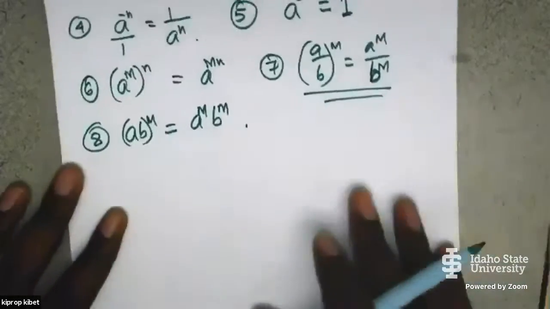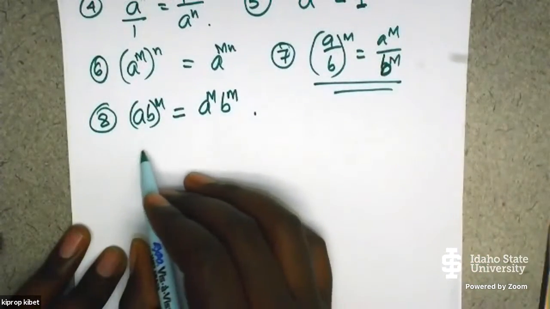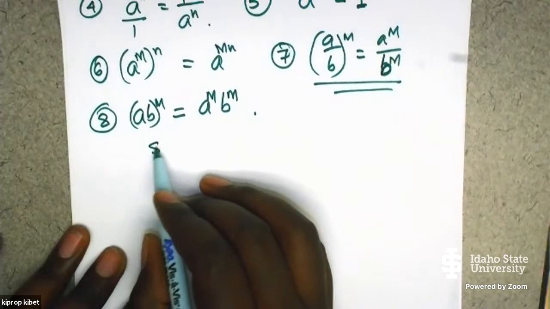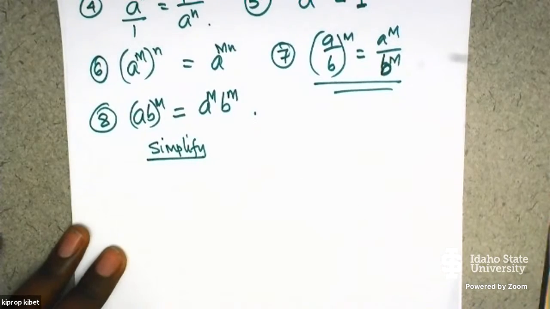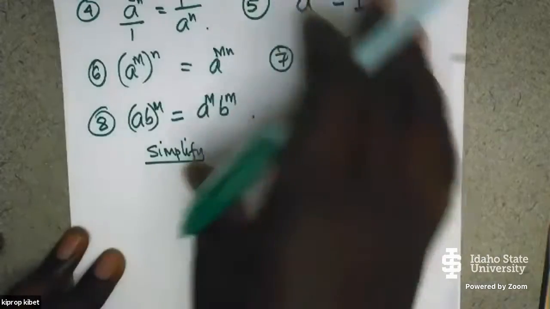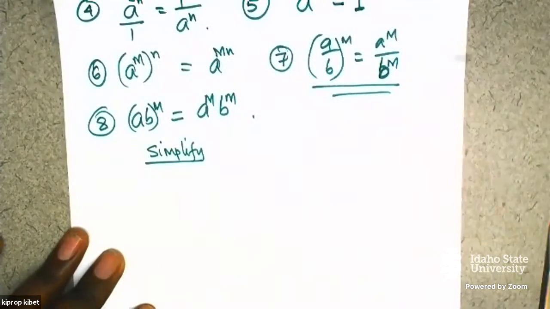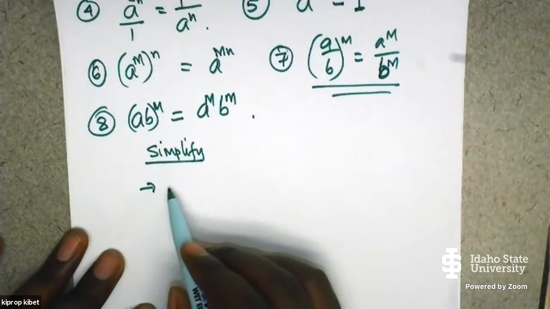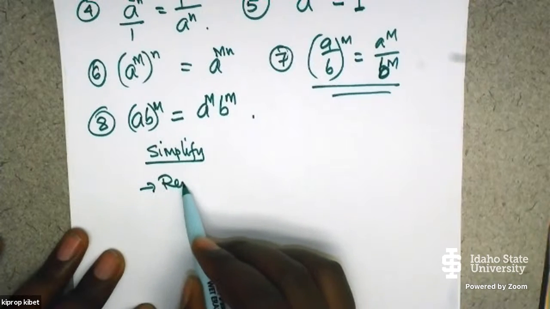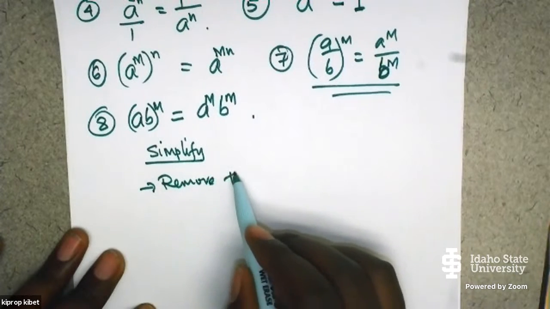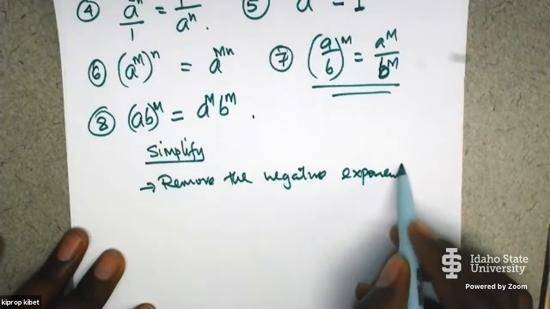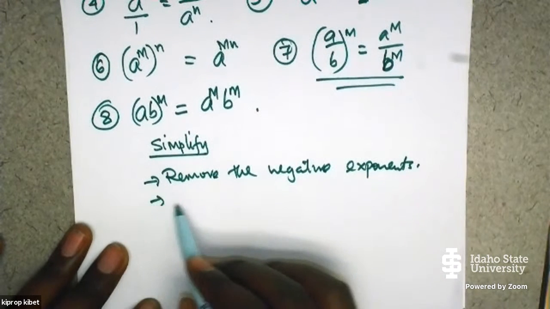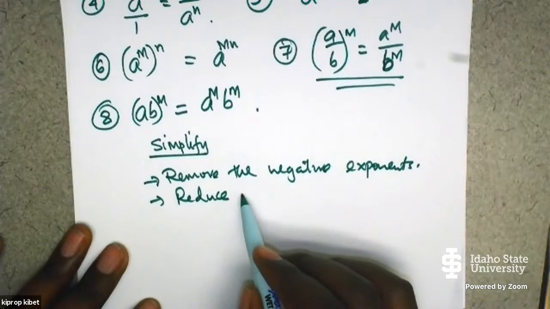When you're simplifying an expression with an exponent, you either remove the negative exponents, or number 2, you reduce fractions.